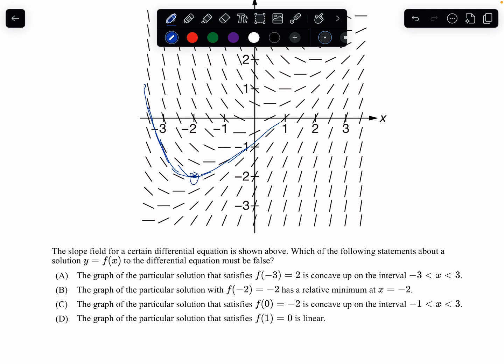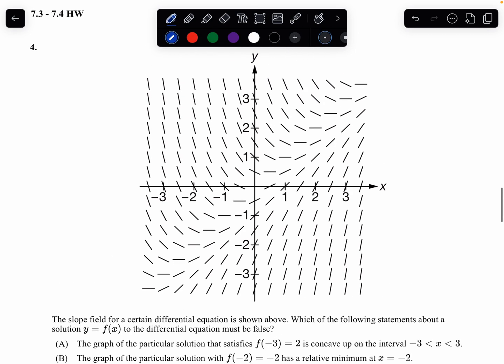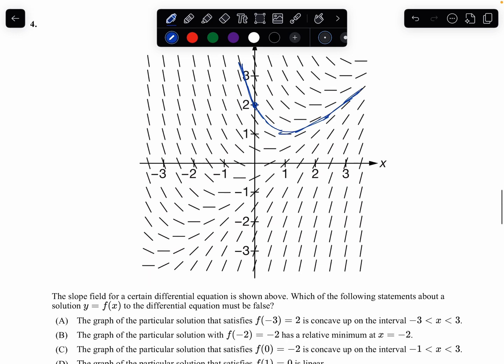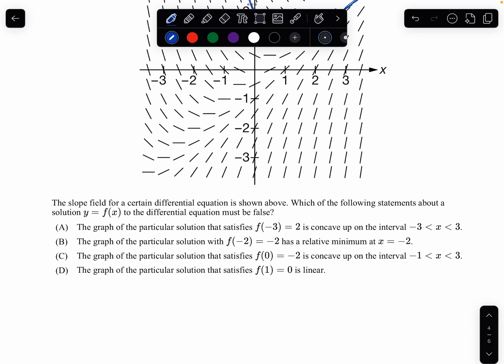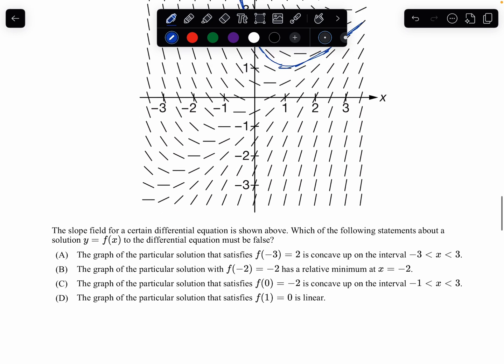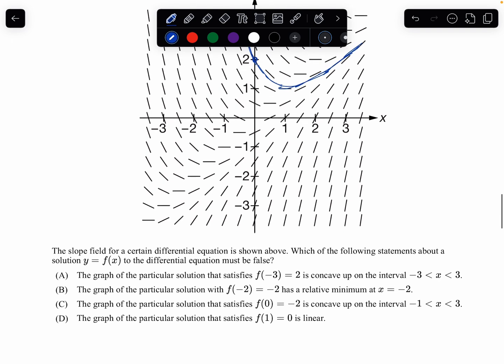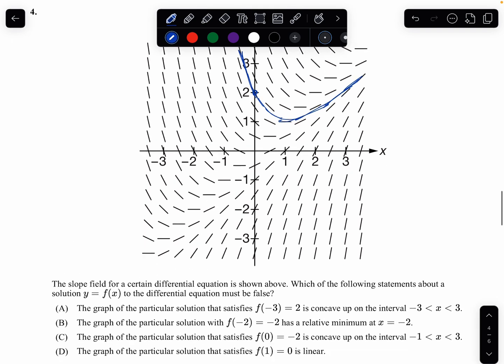Yeah, there's a minimum there, so I'm going to say that one should be good. C, the graph of the particular function at 0, 2. So right here. Is concave up on the interval from negative 1 to 3.